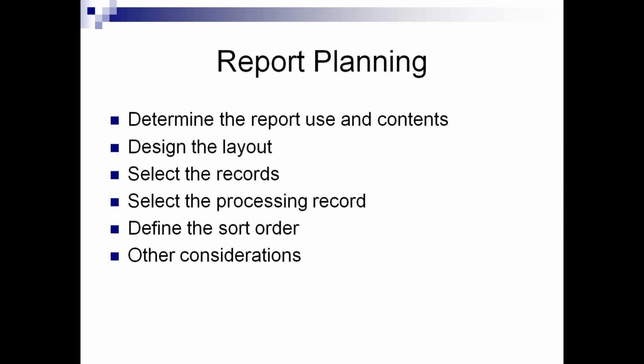Now, if this report uses multiple records, meaning I'm going to pull some information from the master file, but I'm also going to pull some information from the transaction file, you need to decide then between those 2 records, which one is going to be what we call the processing record or the driving record of the report, which means it controls how much information is going to print on this report.